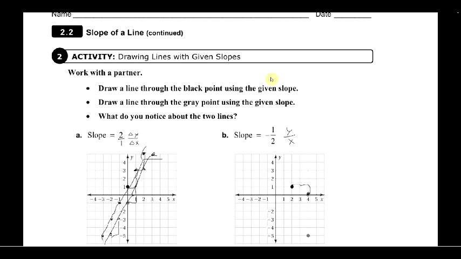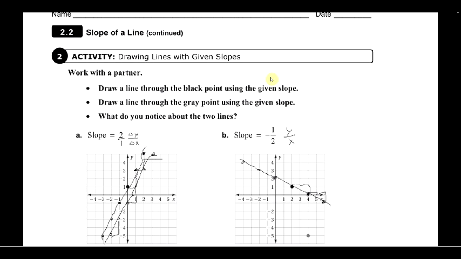Over 1, 2, down 1. Now you see how I have to go over 1, 2, up 1? If you think about going over to the left, which makes your x negative, and going up 1, which is your y positive, you still have a negative overall slope. You get this nice, gentle sloping line through here.